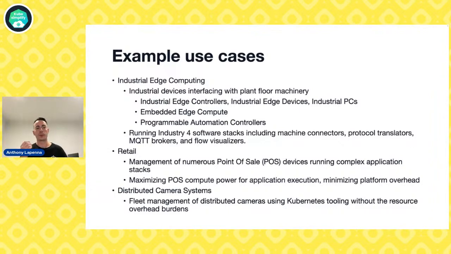And it's pretty similar for the distributed camera systems, again inside potentially a smart city project. The idea here is to manage a lot of devices at scale without the overhead of Kubernetes running on these devices. So this is what you have to keep in mind when you're asking whether you should be using K2D, or why K2D was created.